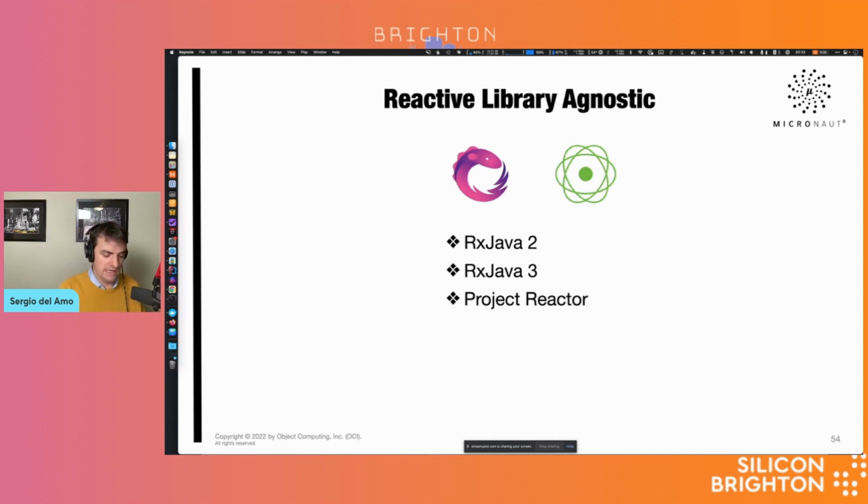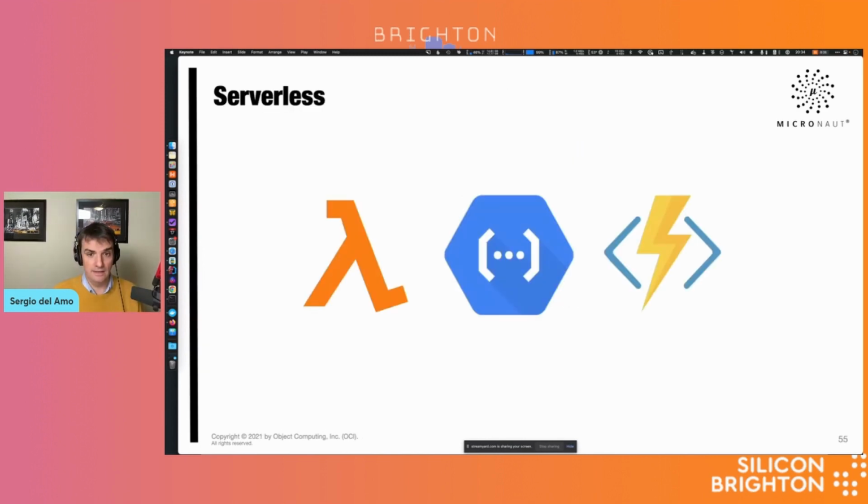So if you want to use a reactive library, my recommendation is to use Project Reactor with Micronaut. If you want to stick with blocking, you don't have to use reactive libraries at all when working with Micronaut. That's completely fine. Don't be intimidated. If you want to write reactive applications, you can do that with Micronaut. If you don't, that's completely okay, and I understand that as well.